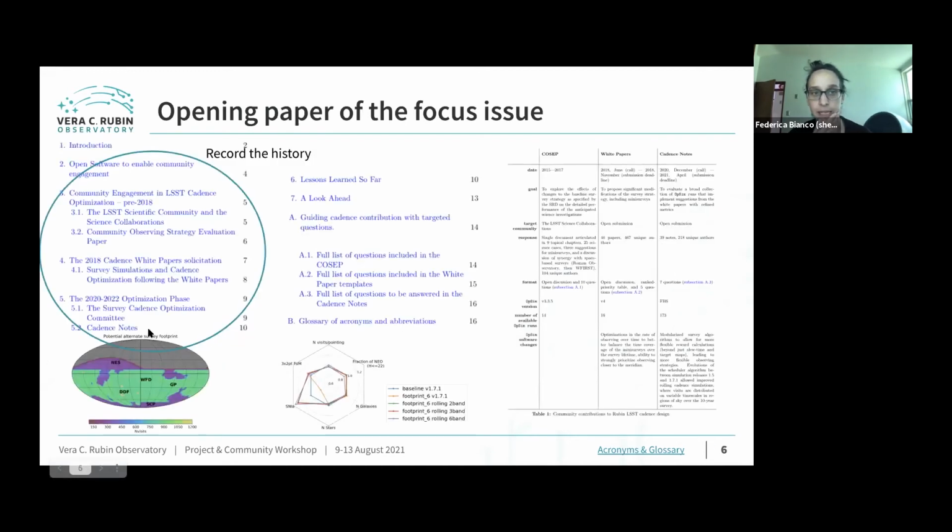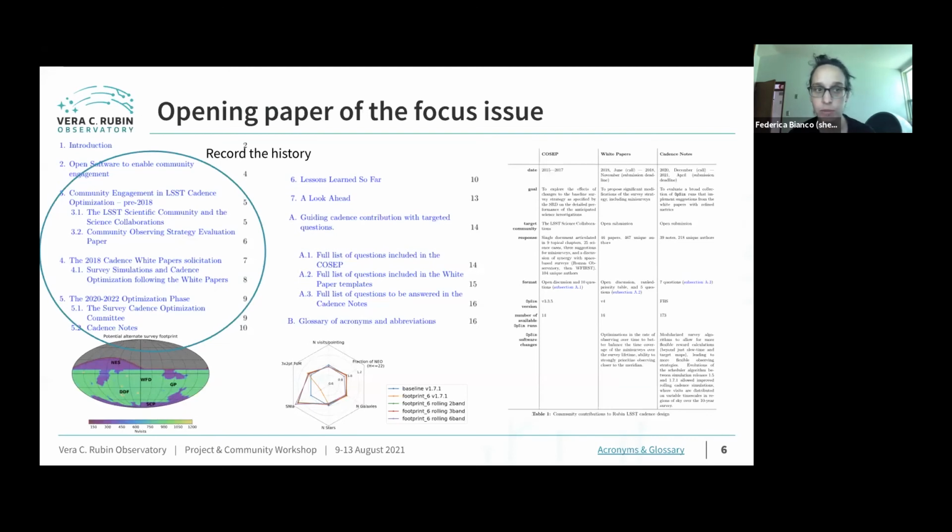The opening paper contains a historical recount of how the survey strategy process has developed, and how this idea of community-oriented survey design has been set up in all of its phases, from the COSEP paper and even earlier, all the way through the Cadence Notes.